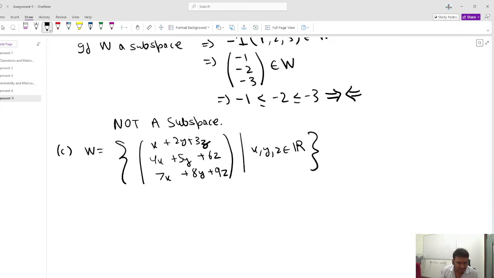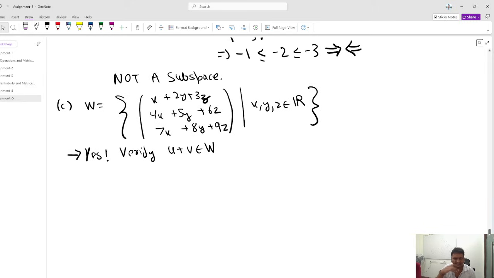I will urge you to verify. I'm telling you, yes. So verify these two properties. What? That u plus v belongs to W. So how to verify this? Okay, let me verify at least this one.